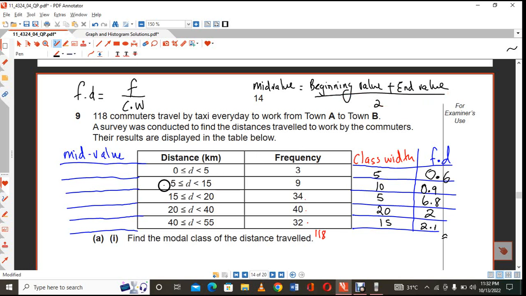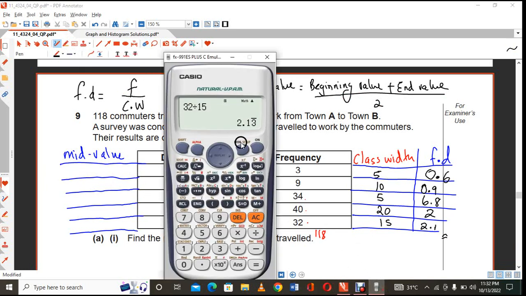For example, if I want to find this one here, I say 0 plus 5, then I divide by 2. You get it? I hope you are with me, okay? We're going to find the mid values, very important, because this information is going to be useful.